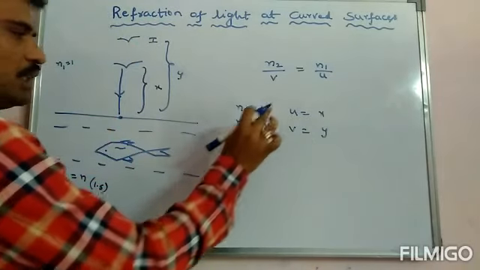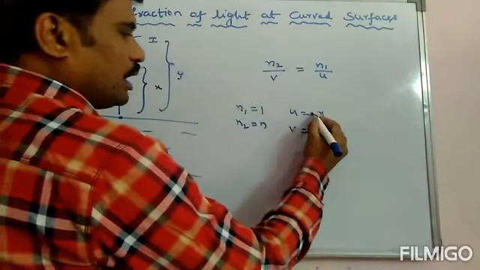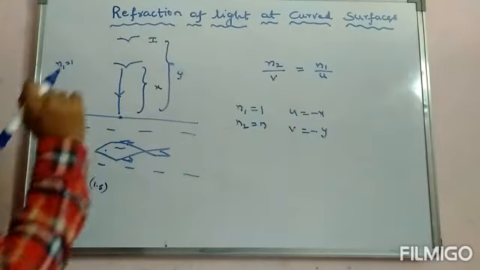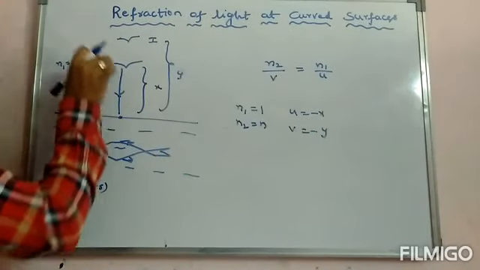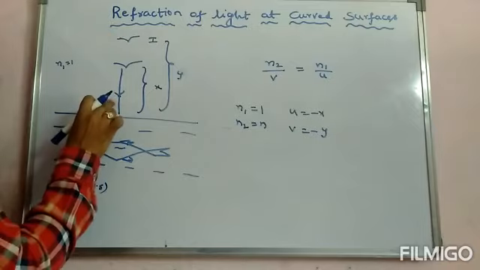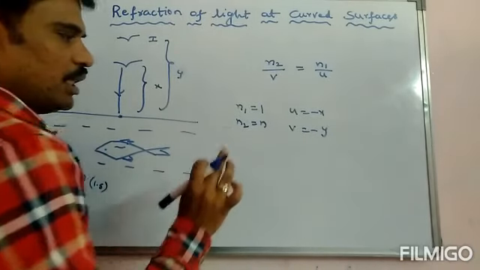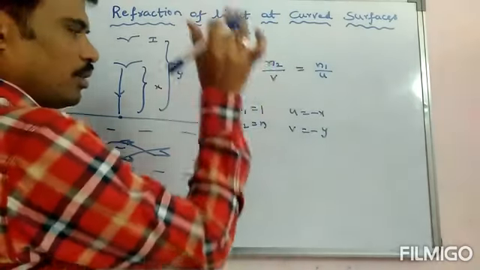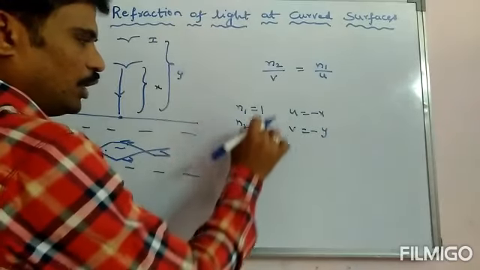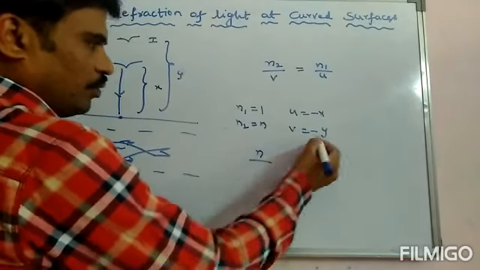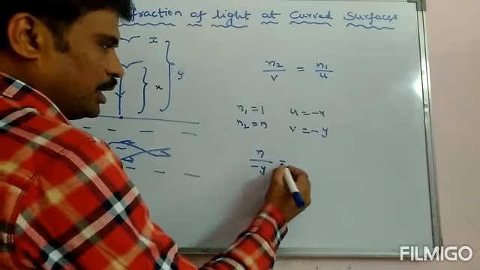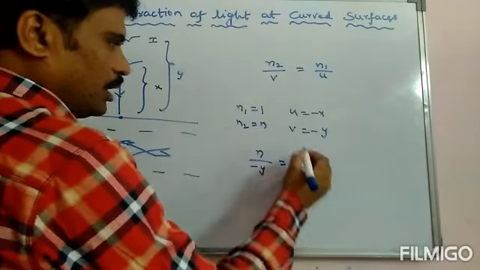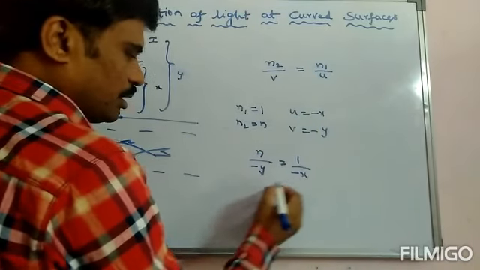But object distance and image distance we should take as minus because of sign conventions. We are measuring in opposite direction to the incident ray, hence we should take it as negative. Now let us substitute these values in this. N2 value is n, v value is minus y, n1 is 1, u value is minus x.